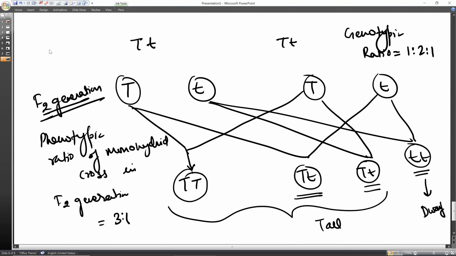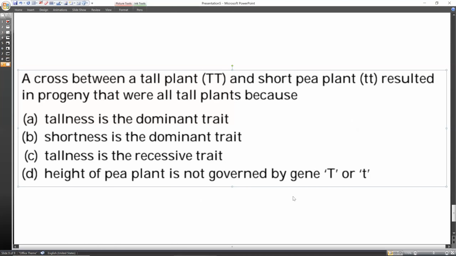Okay. So what is the conclusion of Mendel's monohybrid cross? First let's have the question here. A cross between a tall pea plant and a short pea plant resulted in progeny where all plants were tall. Why? What was the conclusion? Because actually we were having capital T and small t there.